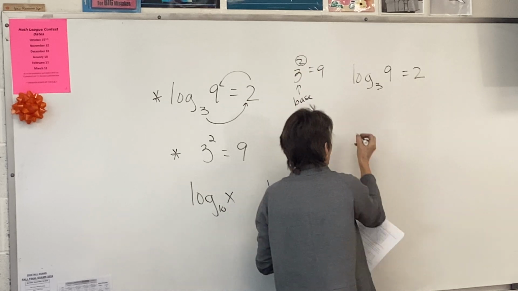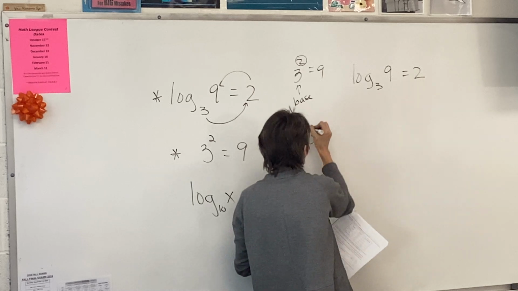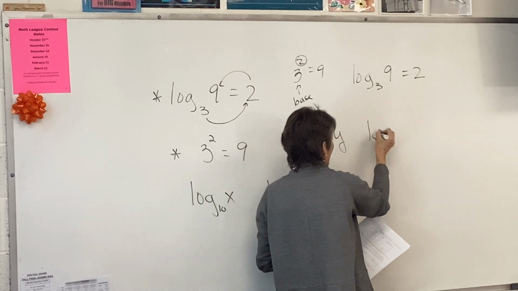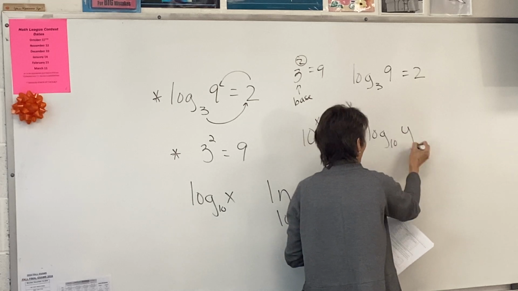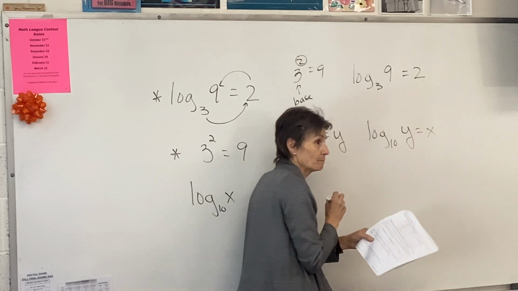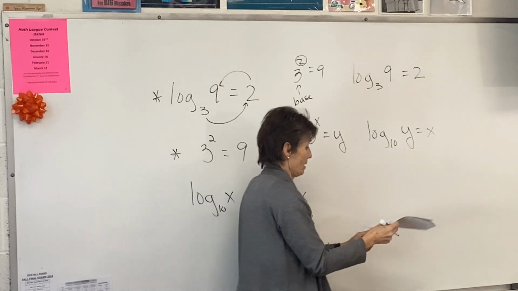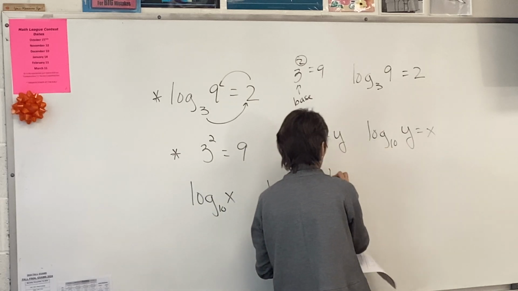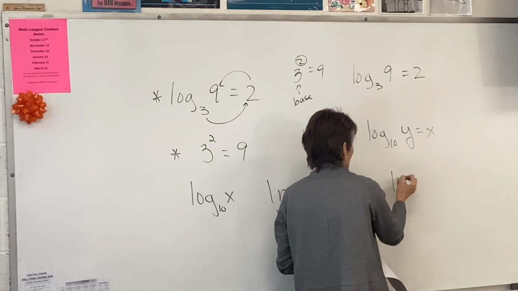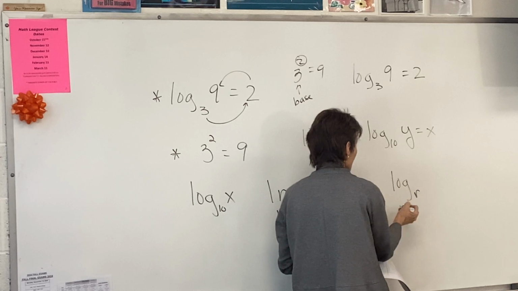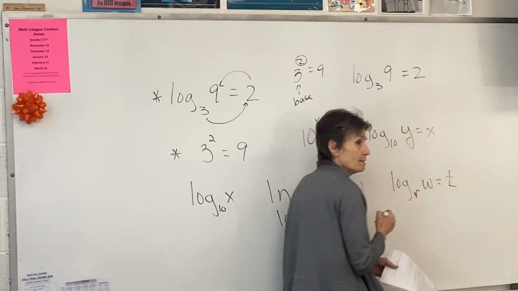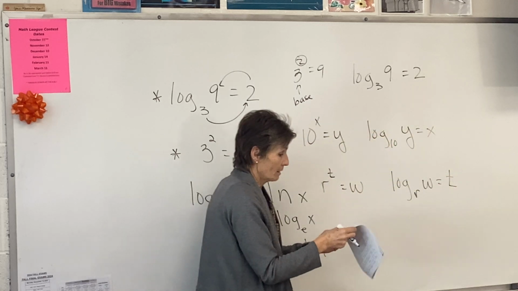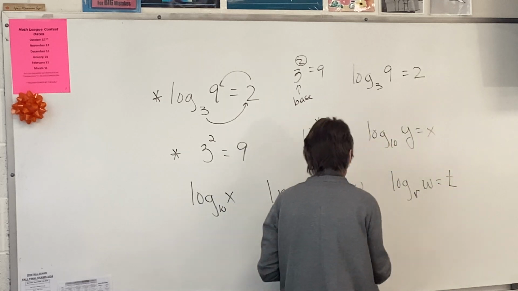So 10 to the x equals y. That will be log base 10 of y equals x. r to the t equals w. Log base r of w equals t. Perfect. Beautiful. y equals e to the 3x.